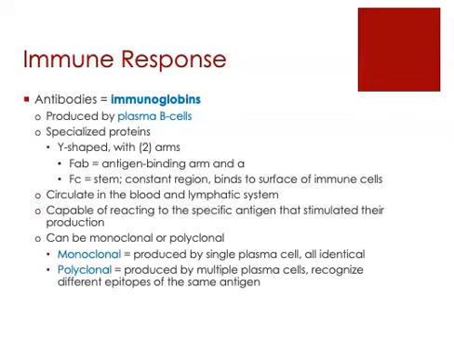So polyclonal antibodies, they're all still going to respond to the same antigen. It's just that they're going to stick to different epitopes of that antigen, different regions of that antigen. So you can have a monoclonal response, you can have a polyclonal response.